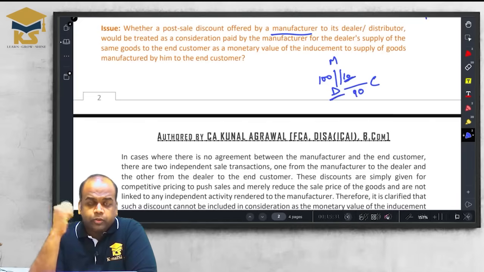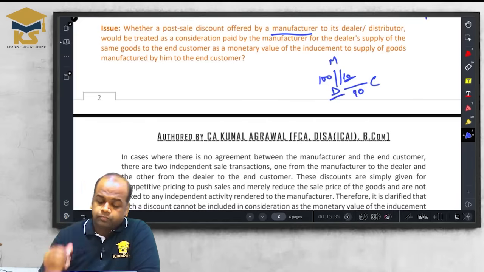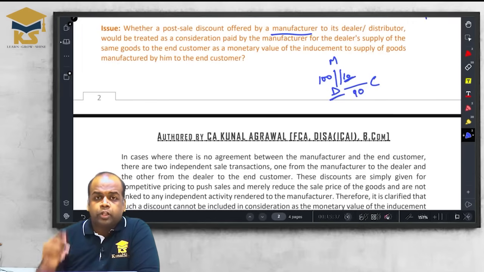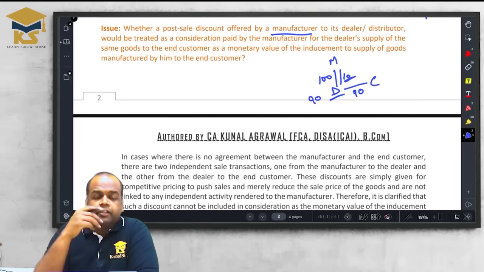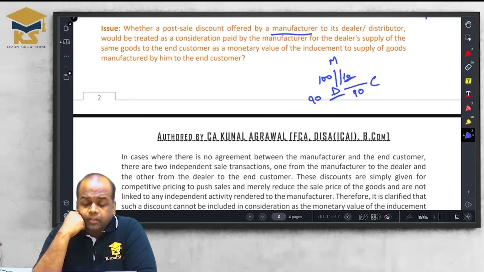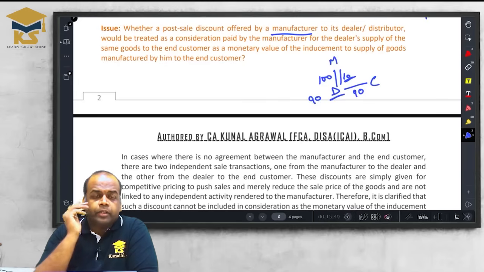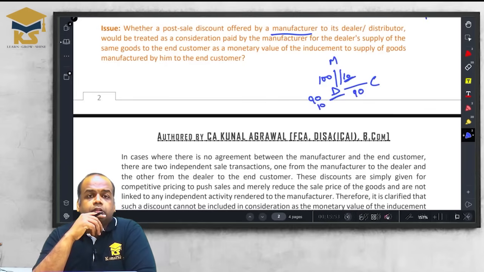Where is our problem being created? The dealer says, sir, I sold at 90 rupees, so I will pay GST on 90 rupees. The department says, no, you have sold at 100 rupees. How? 90 rupees you have taken from the customer and 10 rupees discount given by the manufacturer.